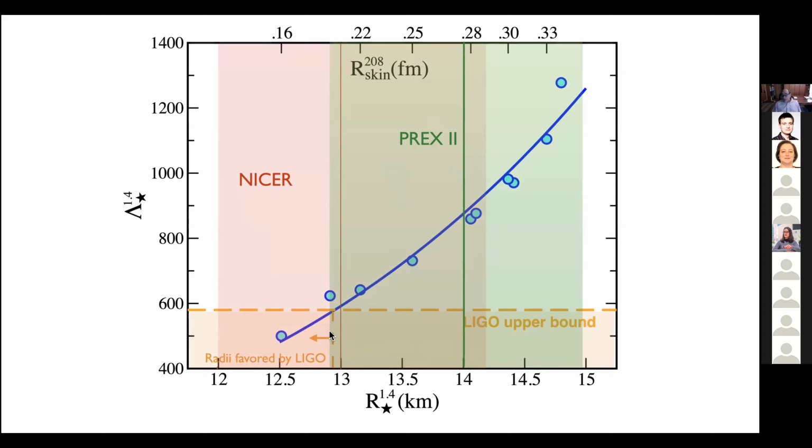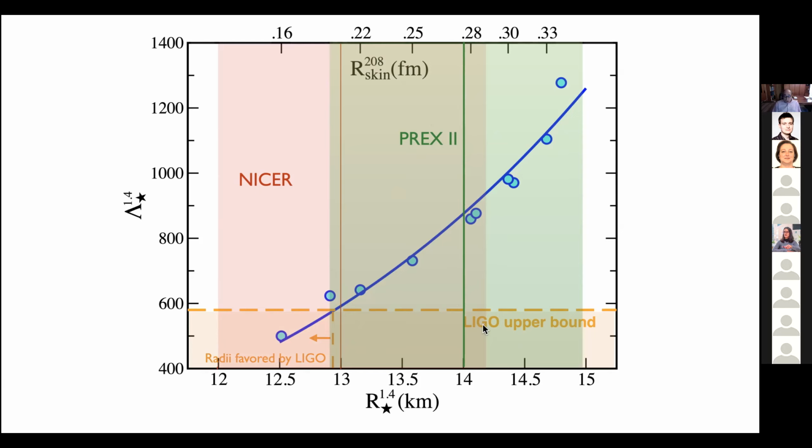So there's a little bit of overlap. So there's some tension, but they're not inconsistent. Okay, so I said because of systematics, it's hard to significantly improve NICER. I will talk about CREX, which is a follow-on experiment to PREX. So let me just end this section of my talk talking about a greatly improved deformability measurement.